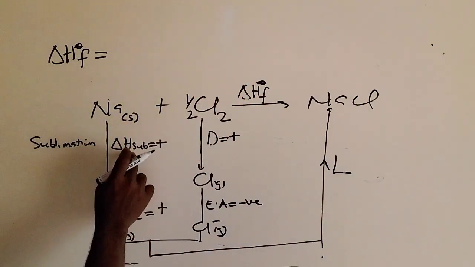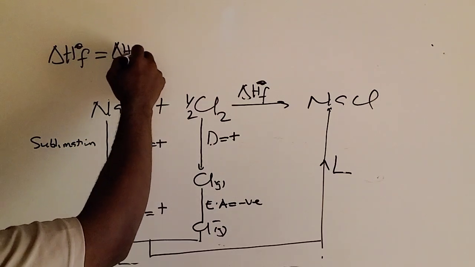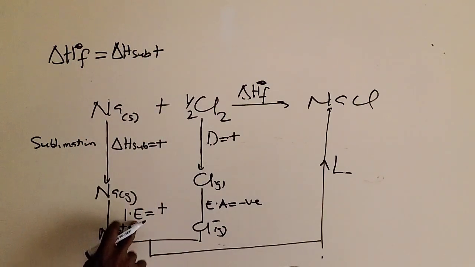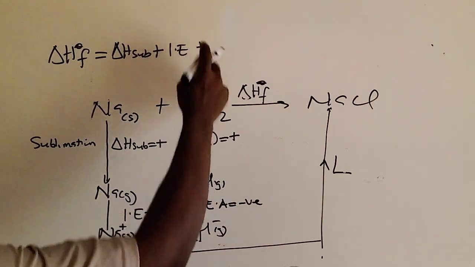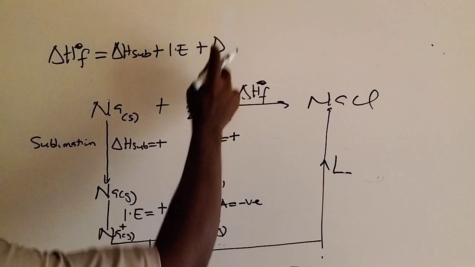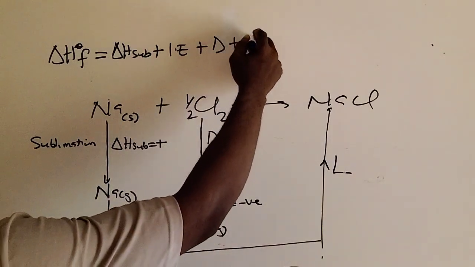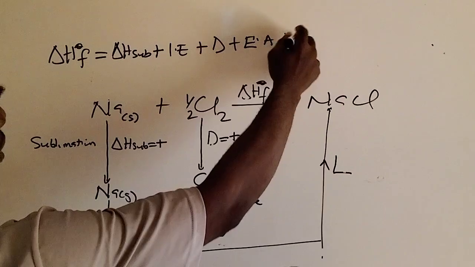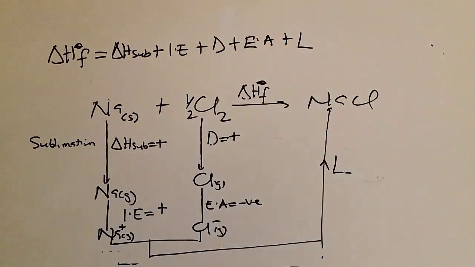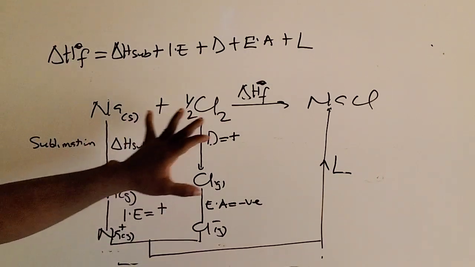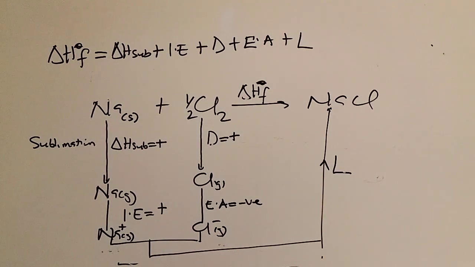So we now have the enthalpy of sublimation plus ionization energy plus dissociation energy plus electron affinity plus lattice energy. So you see that 5 energies are summed up to give us the enthalpy of formation according to the Born-Haber cycle. That is a very interesting aspect of thermodynamics, which is also involved in ionic bonding.